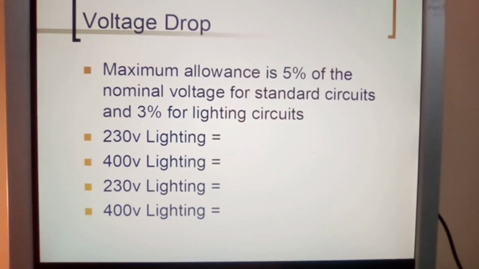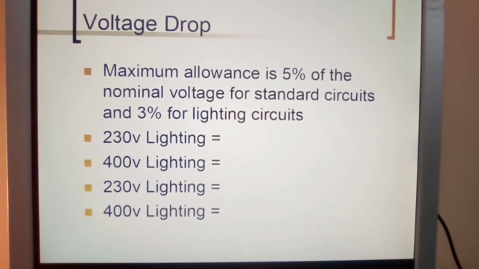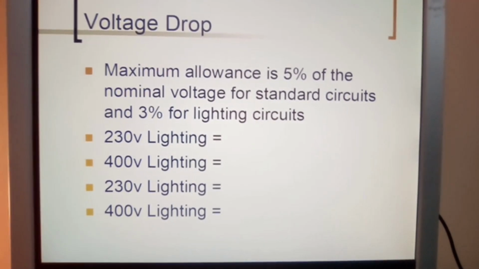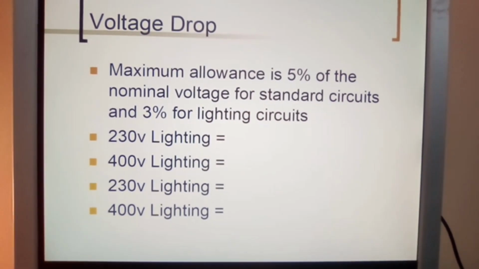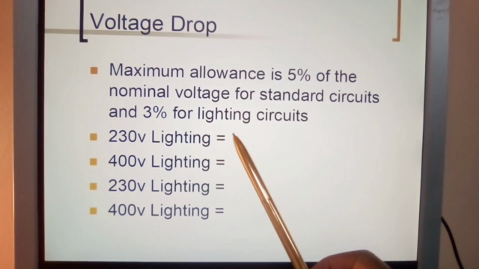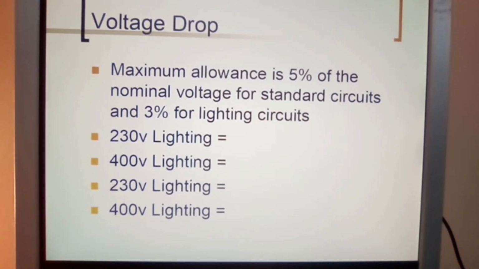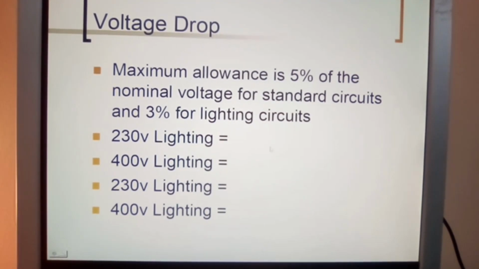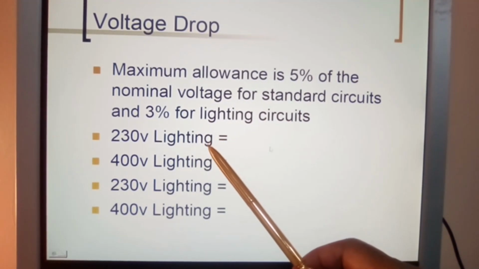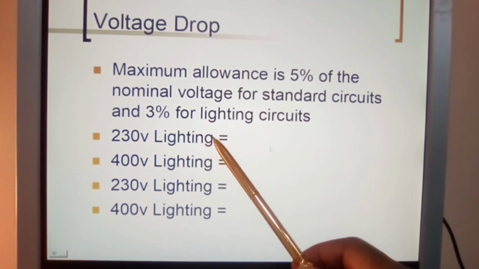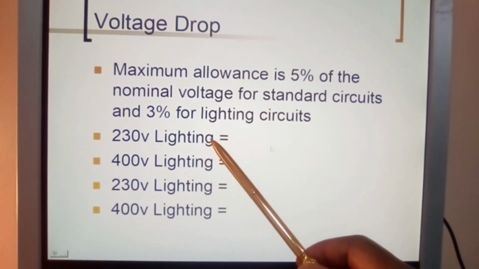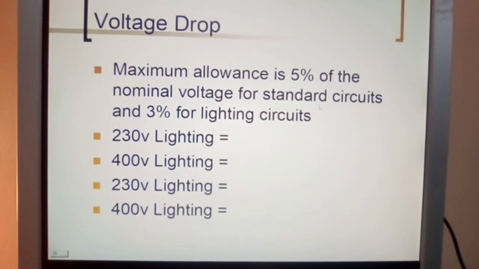The maximum allowable voltage drop is 5% of the nominal voltage for standard circuits and 3% for lighting circuits. You can look at this and calculate these, so I'm going to leave that for you to do. They're all lighting circuits in this case.